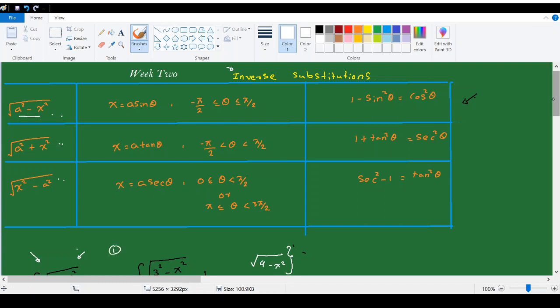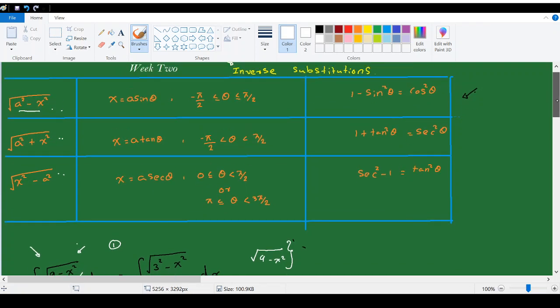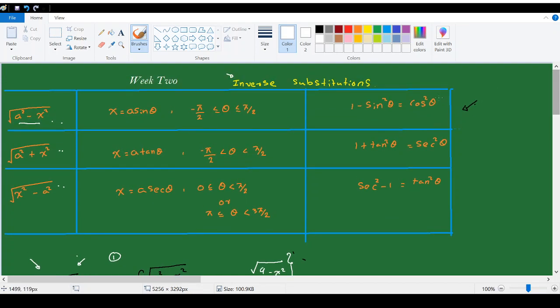Now let's see how we are going to use the substitution. If the given problem falls under the first category, we will be using this substitution. But there's another thing.